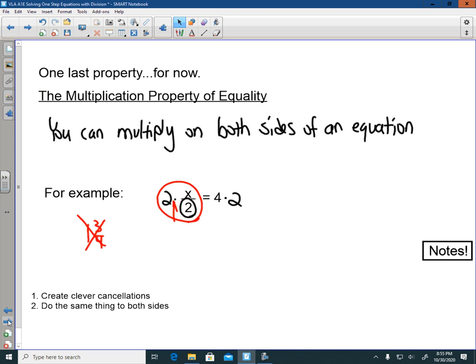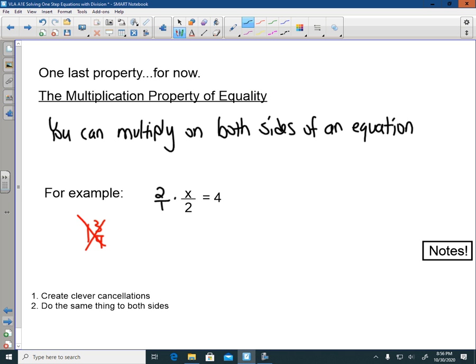Oops, I did the wrong thing. I'm going to get rid of this real quick. When I'm multiplying by 2 on both sides, what I'm really doing is multiplying this side by 2 over 1. Do you remember how any number can be written as a fraction, and you could just write it by putting it over a 1?